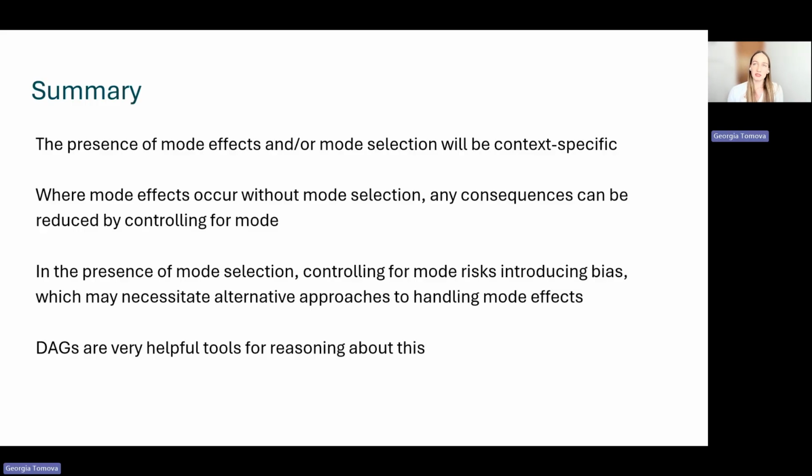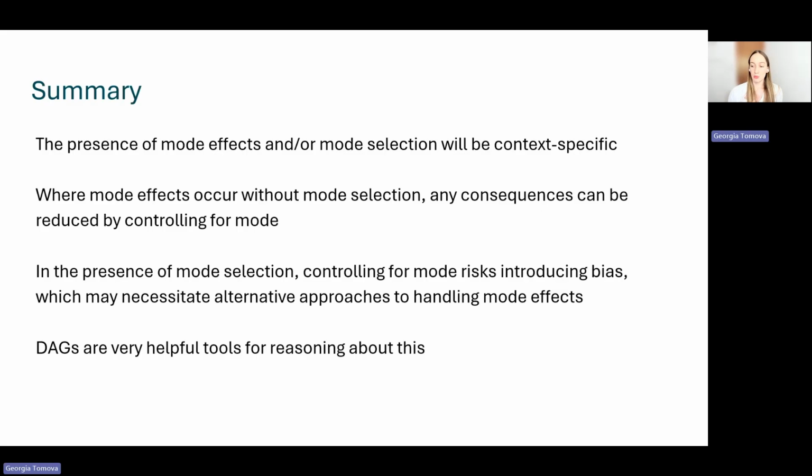Where we think that our variables of interest are subject to mode effects, but we think it's plausible to assume that there is no relevant mode selection, then the consequences of mode effects can be reduced by simply controlling for mode in our analysis. But in the presence of mode selection, controlling for mode risks introducing collider bias. And it's very difficult to predict how much bias that would be. This would also vary depending on scenarios.